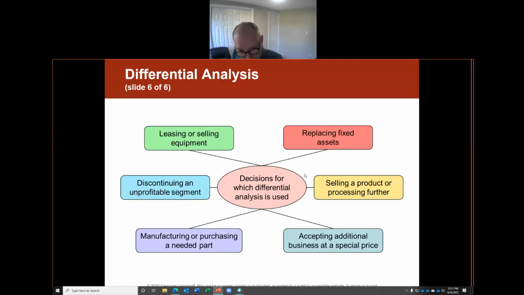All of these things we can use differential analysis for to make a decision. Remember, differential analysis is good for making a decision between two alternative courses of action, option one or option two. Differential analysis is the difference between option one and option two for revenue, profit.